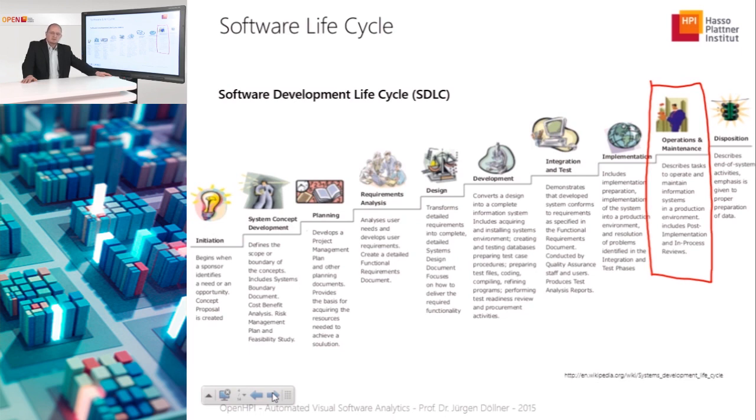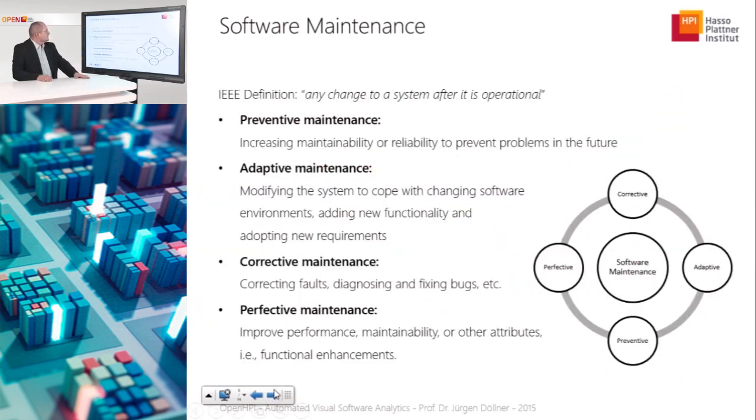So whenever we talk about methods, techniques, tools that improve software development, we should focus on the maintenance phase, because this is a major phase in the lifetime of a software system. Let's go into details. What is maintenance? Maintenance is defined as the phase where you have any changes to a system after it became operational.